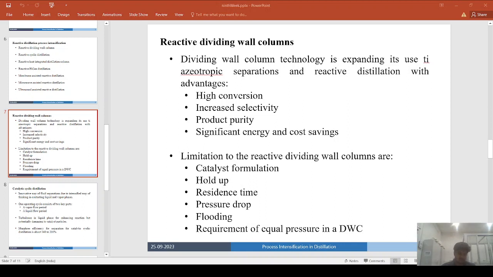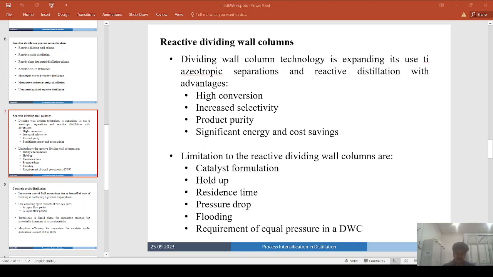Hence the reactive distillation performed in a dividing wall column is developed in academia and applied in industry. And this application of the reactive distillation into a dividing wall column is what leads to the birth of reactive dividing wall columns.